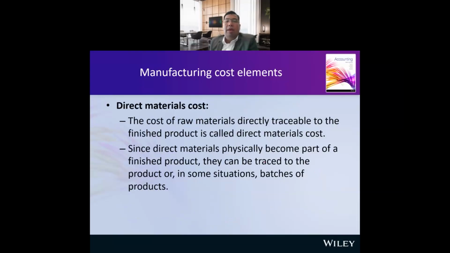Okay. So what is direct material cost? The cost of raw material directly traceable to the finished product is called direct material cost. Since direct material physically becomes part of the finished product, it can be traced to the product or, in some situations, batches of the product.